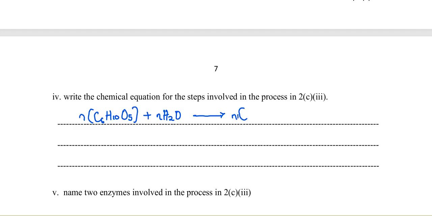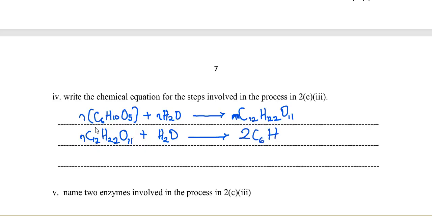Maltose is a disaccharide, C12H22O11. This maltose is further hydrolyzed in the presence of an enzyme called maltase to give glucose, C6H12O6.